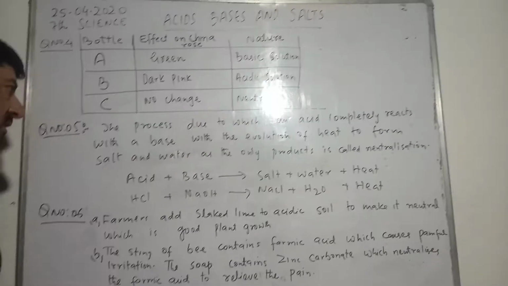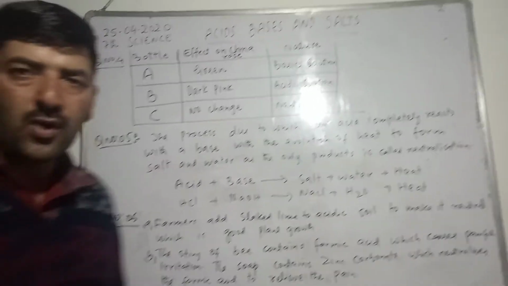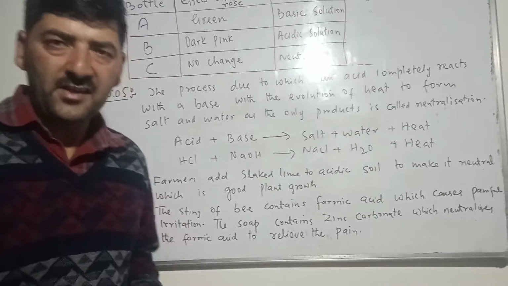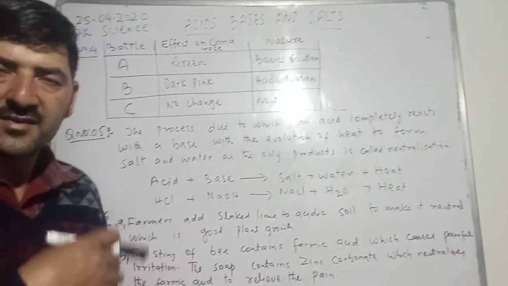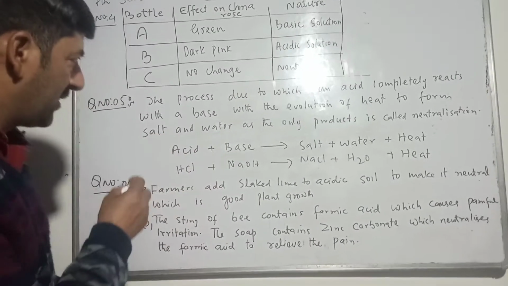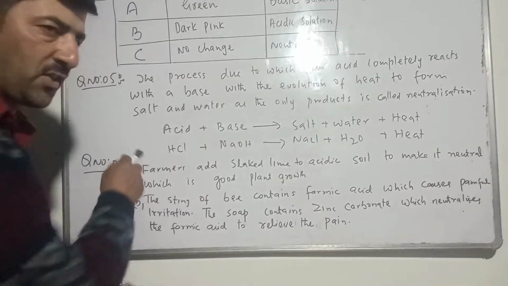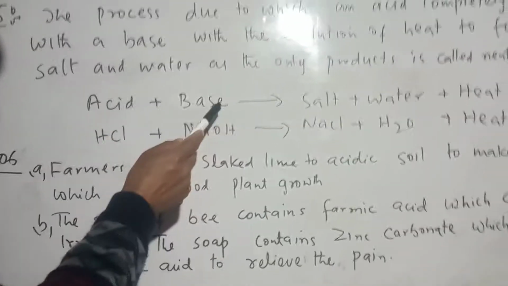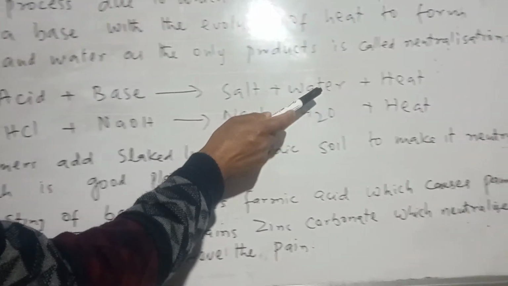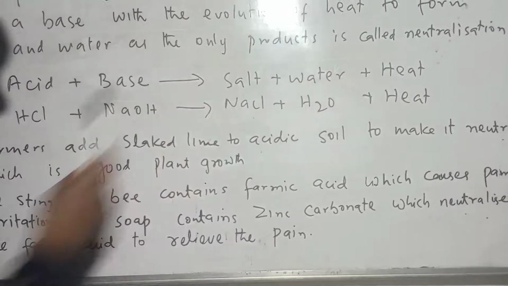That is called neutralization. So when acid completely reacts with a base to form salt and water with release of energy, this reaction is called a neutralization reaction. Here, acid reacts with base, it forms salt and water and releases heat.